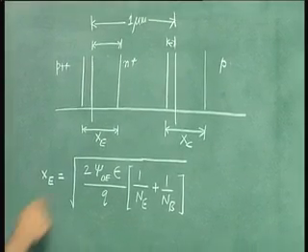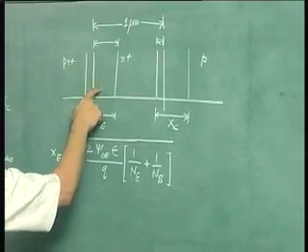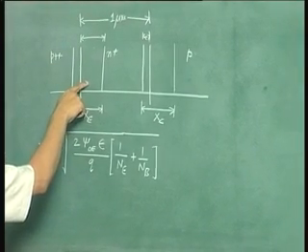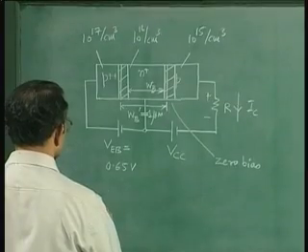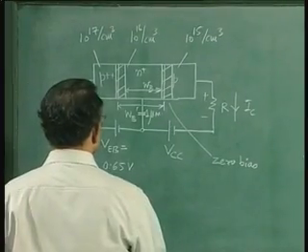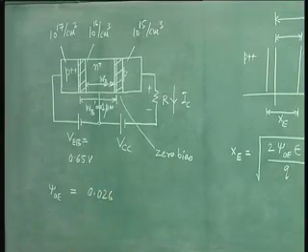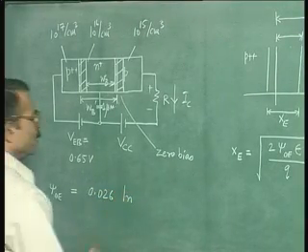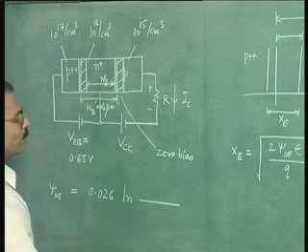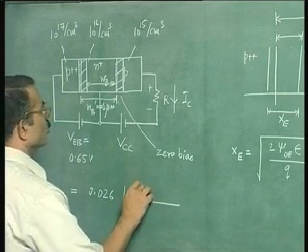Now what is the psi naught E? The psi naught E, that is the contact potential of this junction, we can find out as: at 300 degree K the thermal voltage is 0.026 electron volts, times logarithm of Ne Nb by Ni square.